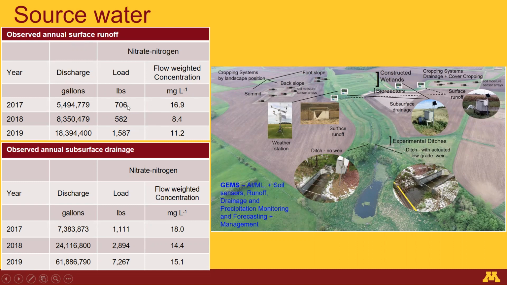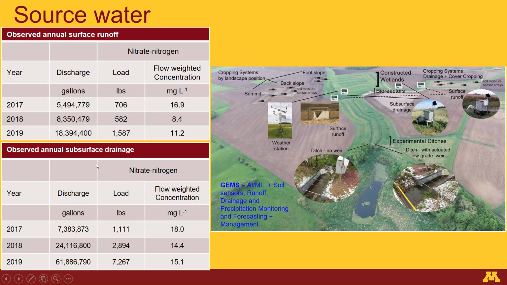Some of this, in terms of surface runoff, can be the timing, the extent, and the volume of water that's moving across the landscape has a lot of influence on this. But you can see that as it got wetter from 2017 to 2018 to 2019, there was increasingly larger amounts of surface runoff discharge that we recorded.